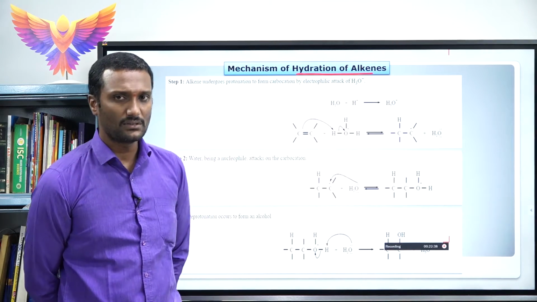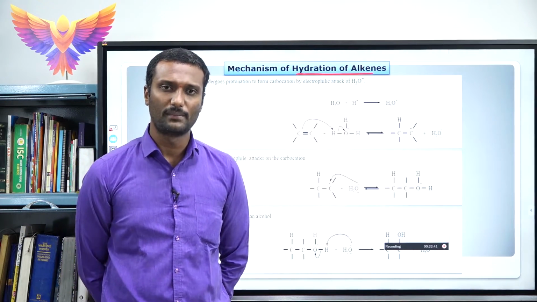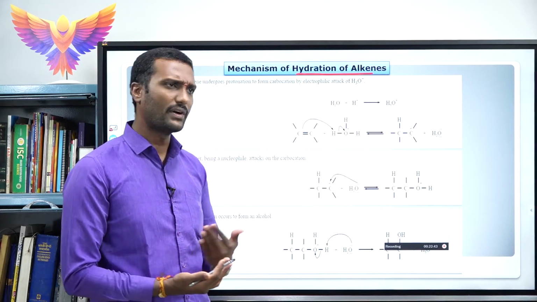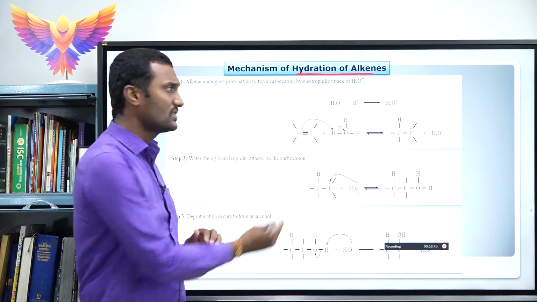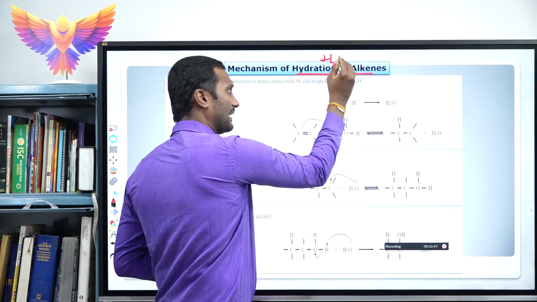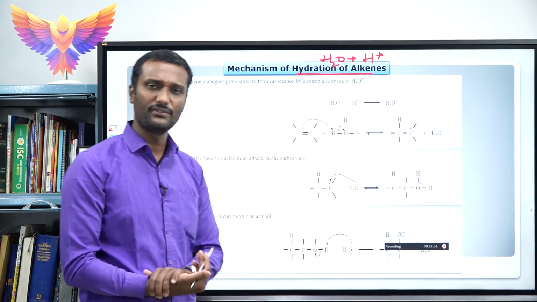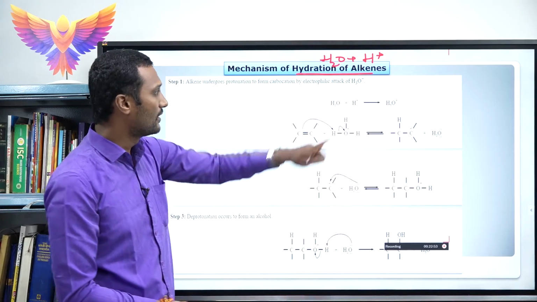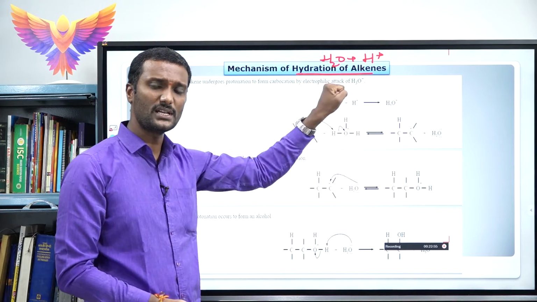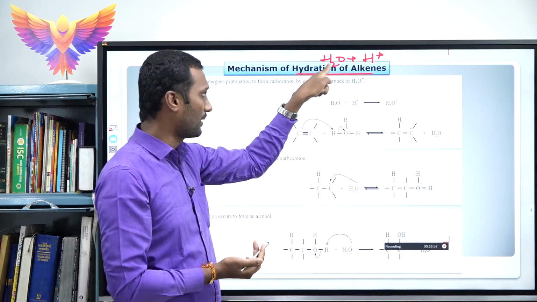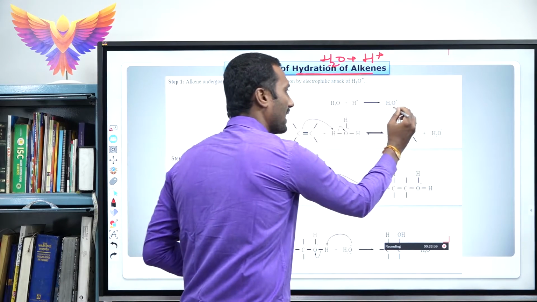Alkenes have a carbon-carbon double bond. Hydration means addition of water, here in the presence of some acid. Usually we take conc. H2SO4; from the conc. H2SO4 hydrogen combines with water to form a hydronium ion.